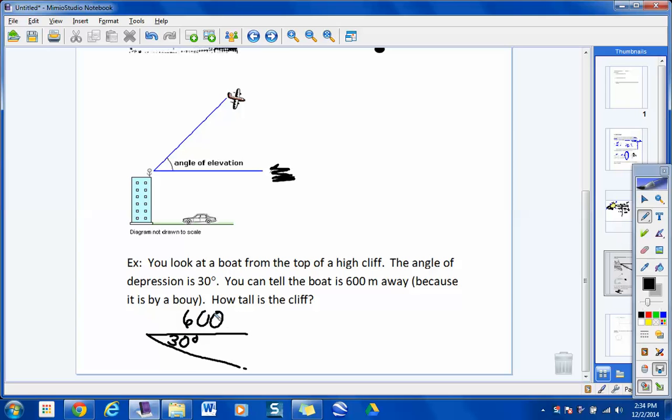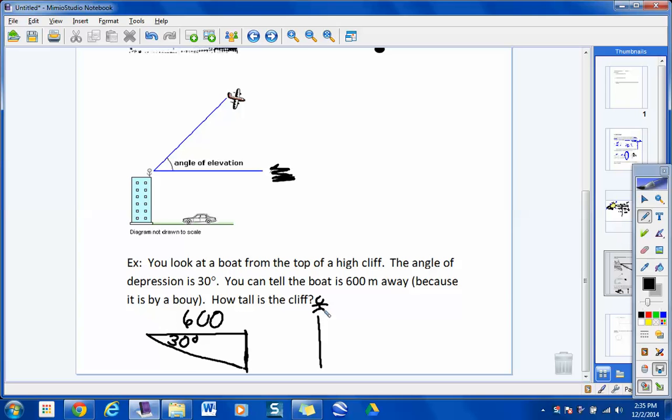We need to then find the height of this cliff right here, right? You guys agree with that? And maybe the triangle's the other way. Maybe my triangle should be drawn differently here. But you're standing on the cliff, right? Yeah. So let's just say the cliff is here, and you're standing on top of it, all right?